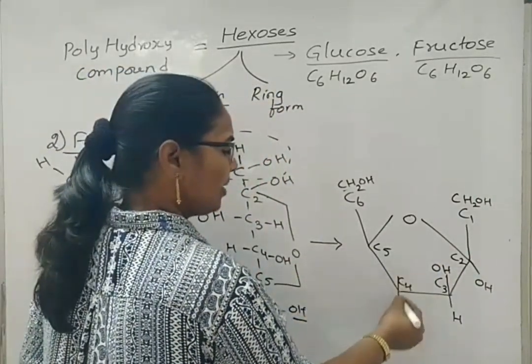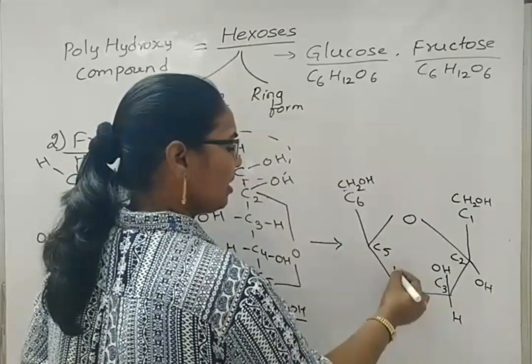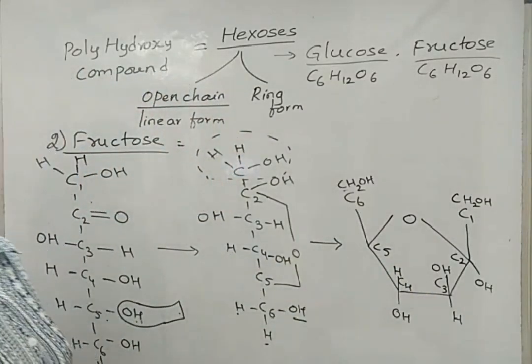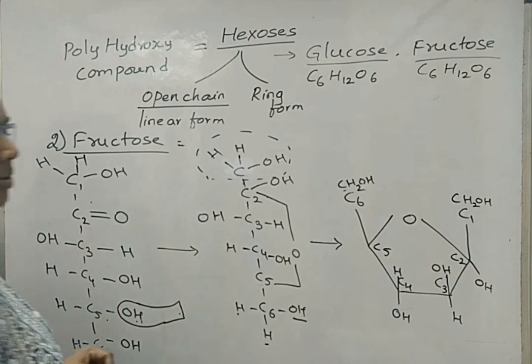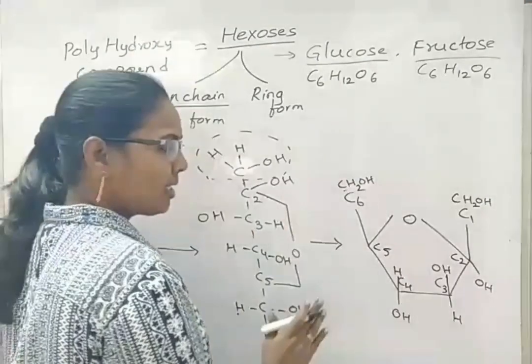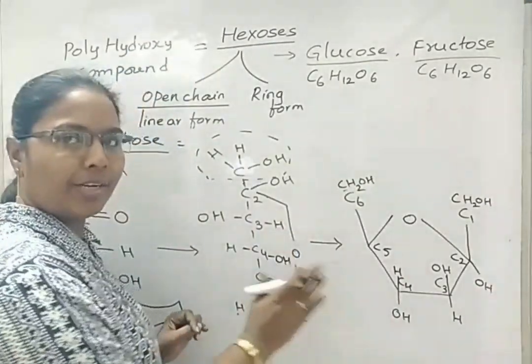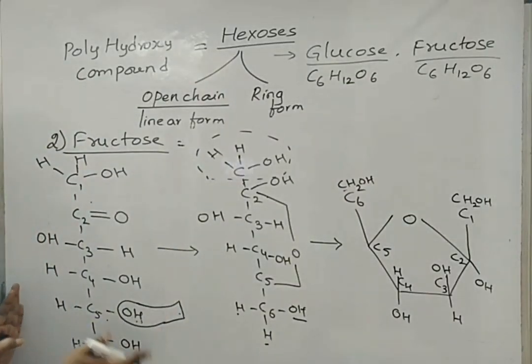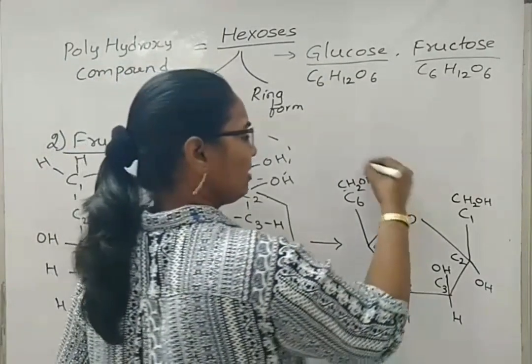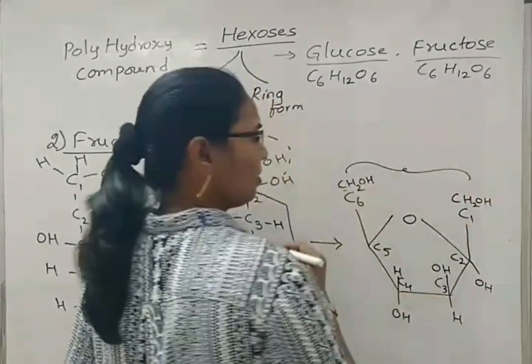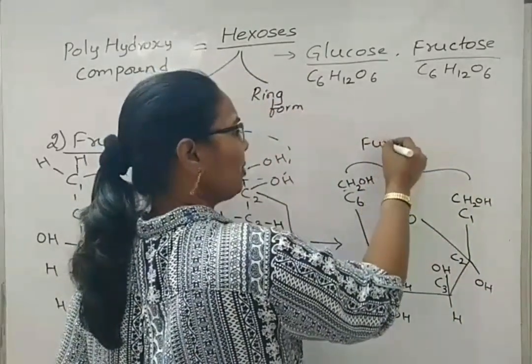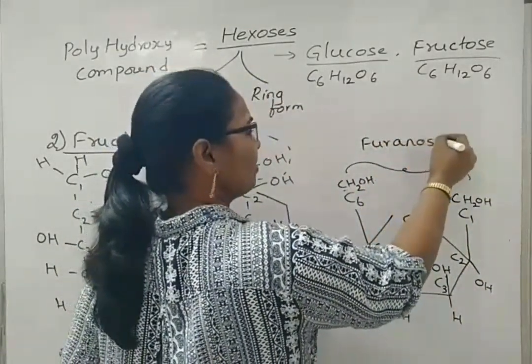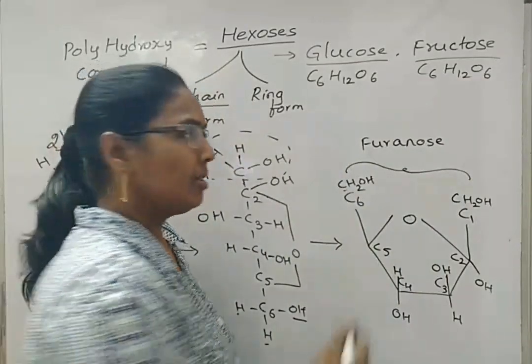In case of carbon 4, the arrangement of OH and hydrogen will be like this. So, the ring form has been obtained from the fructose open chain form. The name of this ring form of fructose is furanose. Furanose ring.